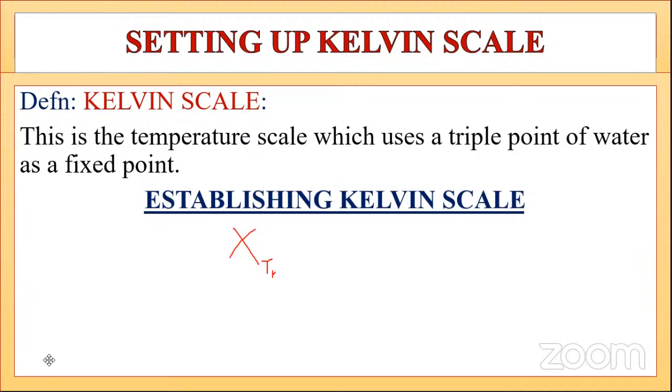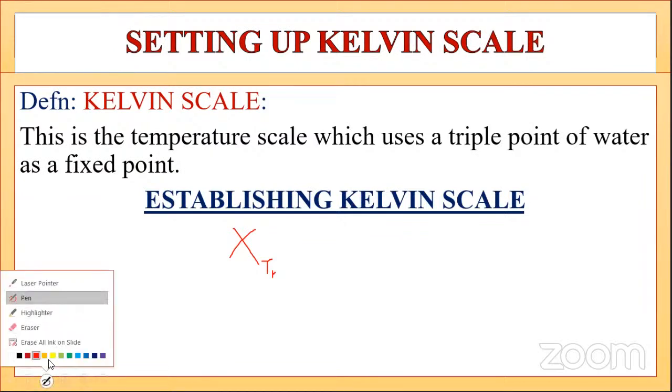Then we measure the thermometric property at an unknown temperature, which we are looking for here, which we can now call X theta. Then, after measuring at triple point of water and at the unknown temperature, we determine the unknown temperature from the expression.